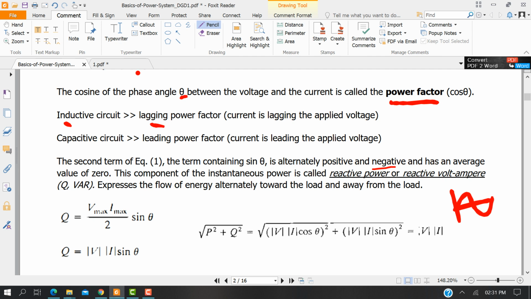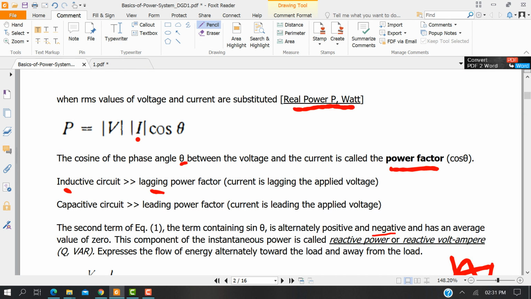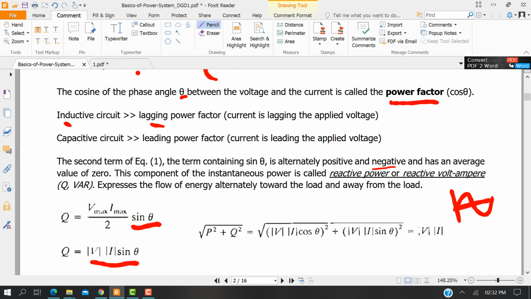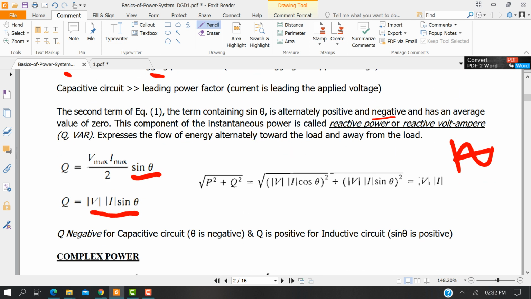The sine expression is called reactive power, that is VI sine theta. Then we get P equals VI cos theta, the real power, which is expressed in watt, and Q is equal to the reactive power.